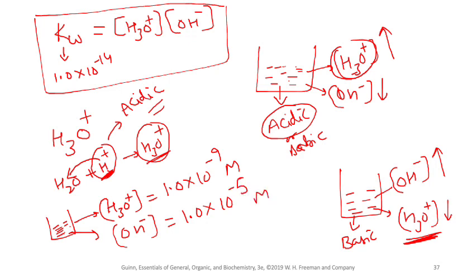You have to tell us whether this solution is acidic or basic. So if we compare the numbers, hydronium ion concentration and OH negative ion concentration, which number is bigger? If I compare these two numbers, the hydroxide ion concentration number is bigger, right?